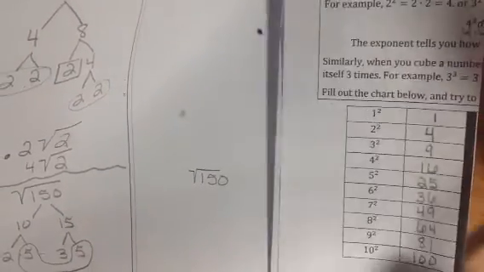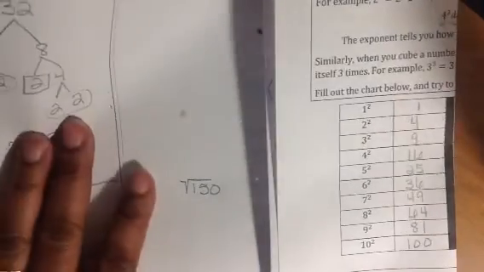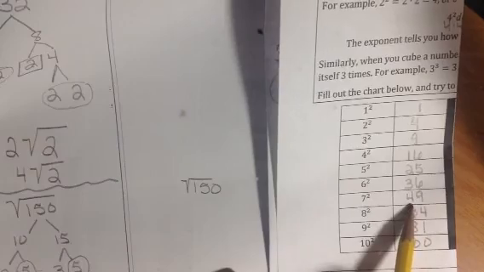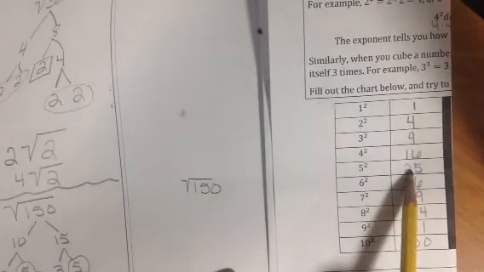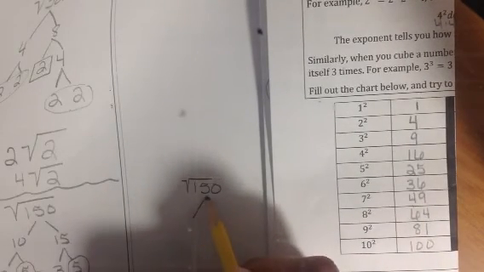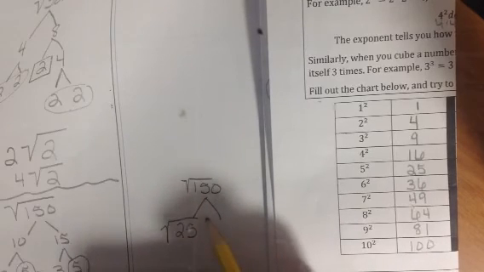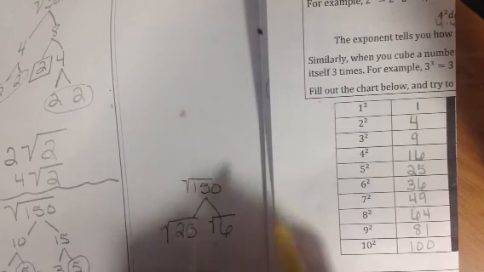Alright, so I know the 100 doesn't go into 150 evenly. 81 doesn't, 64 doesn't, 49 doesn't, 36 doesn't, but lo and behold, 25 does. 25 times what gives me 150? Absolutely right. 25 times 6.